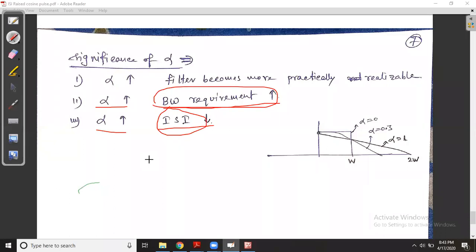There should not be a huge amount of ISI, and the required bandwidth should also be very low, because if bandwidth increases, the required power also will increase. This is the impact of alpha, the roll-off factor, on the design of the communication system.